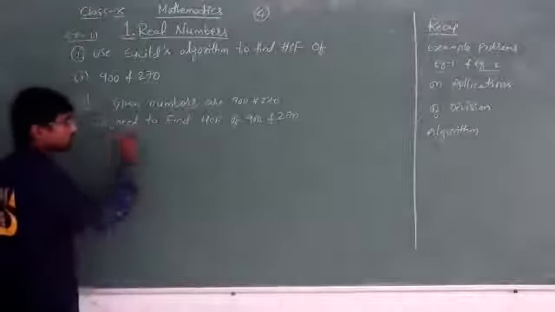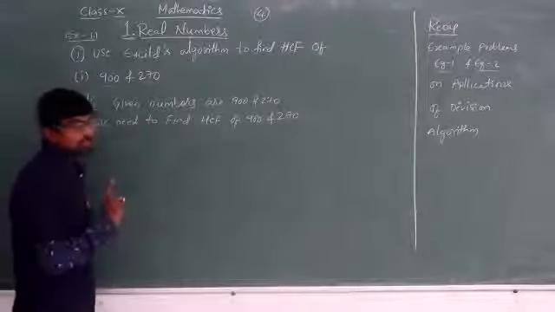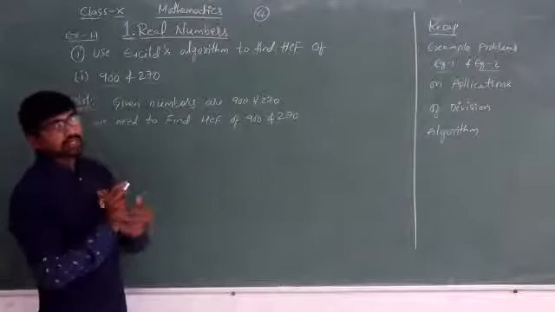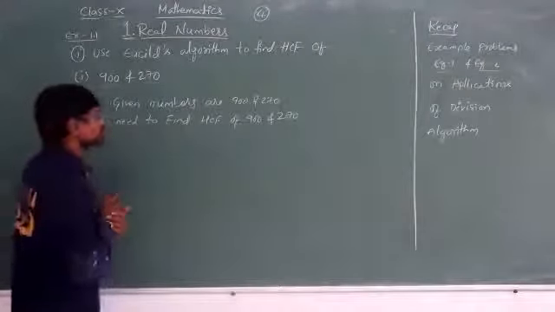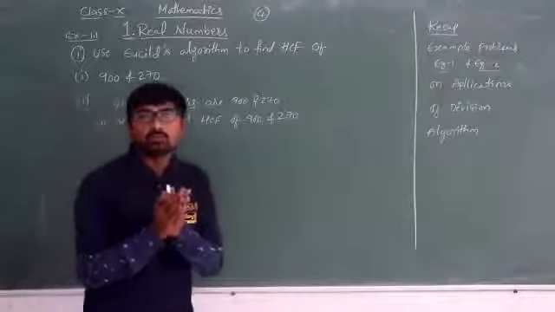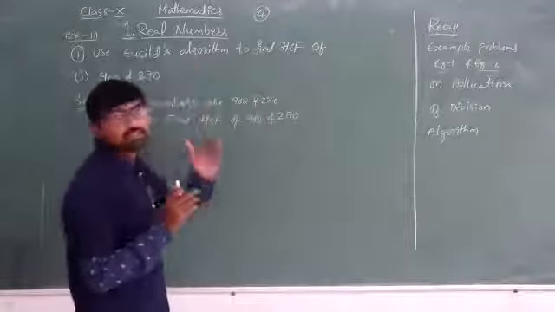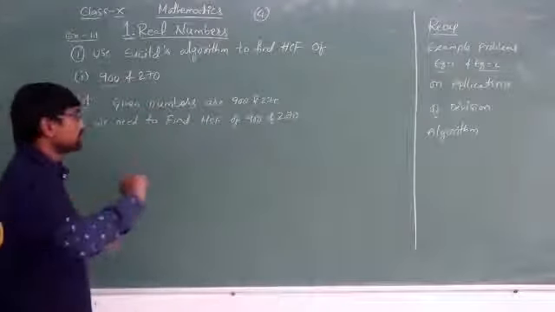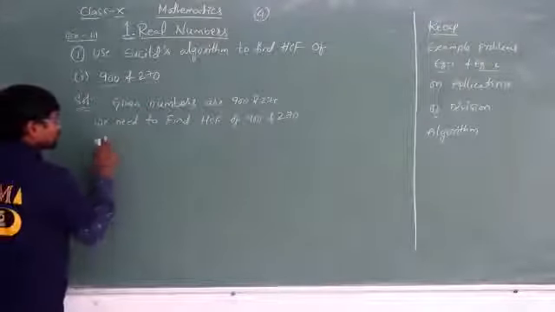Now the second step: we need to find the HCF of 900 and 270. Here we are solving this problem by using Euclid's algorithm, isn't it?